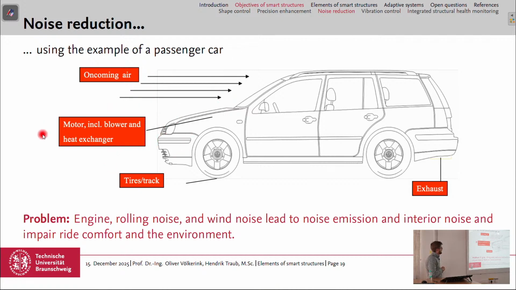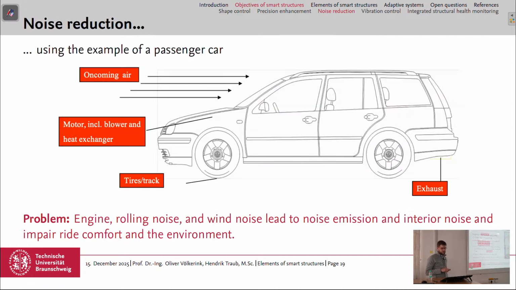You have the combustion engine and also the blower and the heat exchanger, at least when you have internal combustion engine cars. With battery electric vehicles, you don't have this noise, but you still have the noise from the tire-track interaction. And if you have a combustion engine, also from the exhaust. And all this impedes the ride comfort.